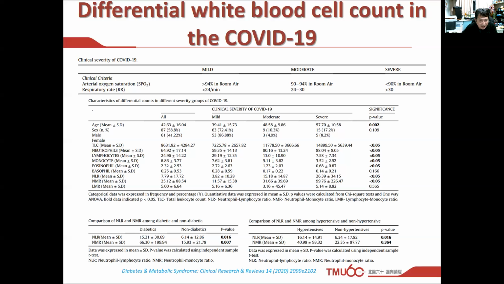Let's look at the white count. Total white count is around 8,600. However, the mild is 7,200, a drop in the mild, but the moderate increased to 11,000, and the severe form is more than 15,000, so significantly higher.